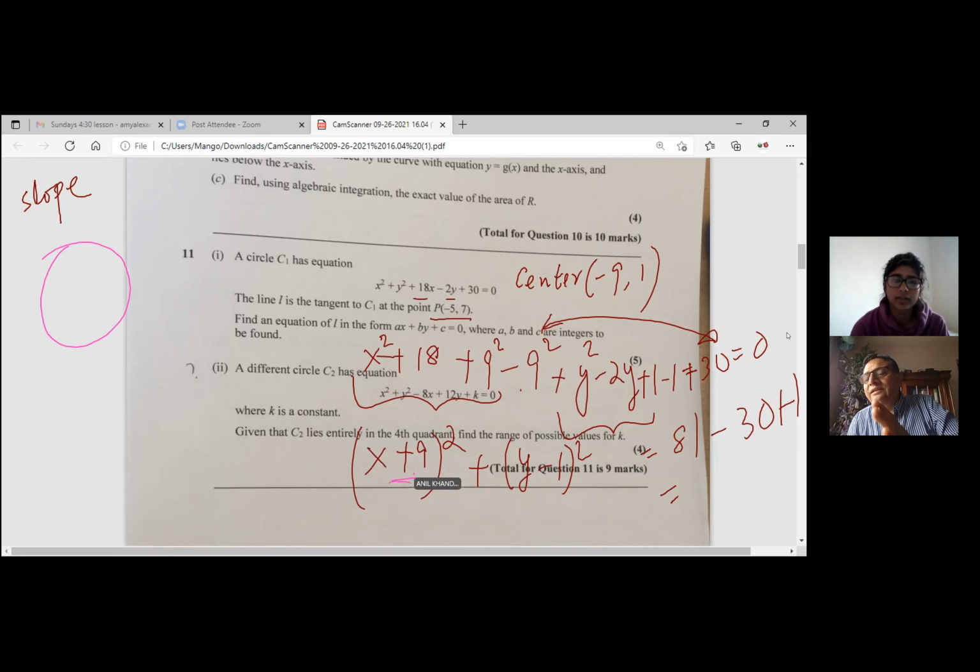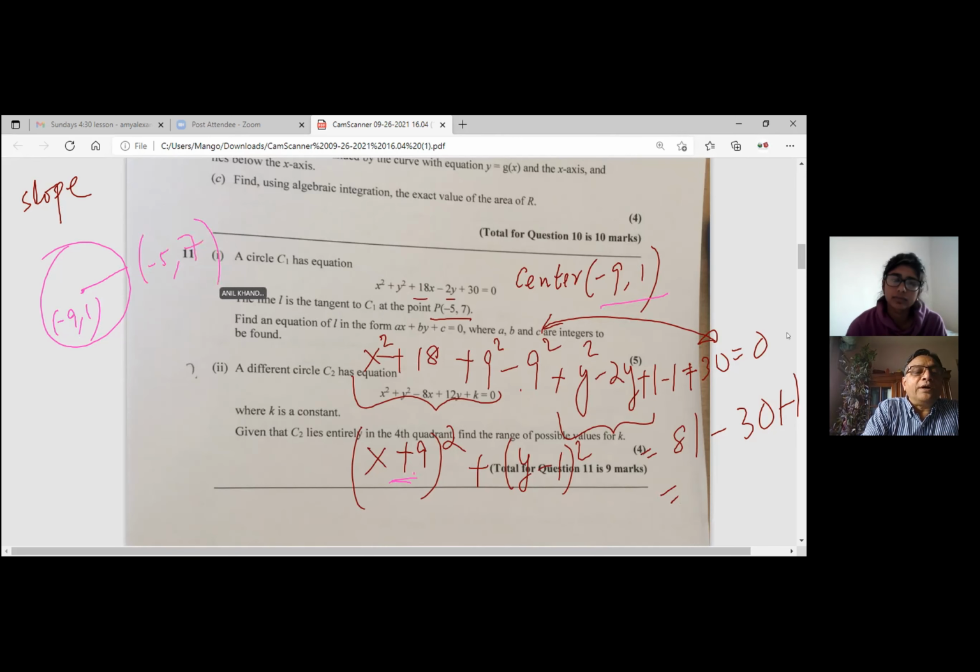So it has translated 9 units left, which gives you minus 9. And 1 unit it has gone up, and therefore it will be plus 1. That becomes the center, and we are given the point P, which is (-5, 7).